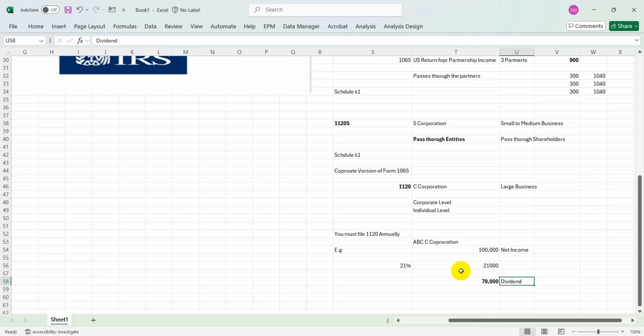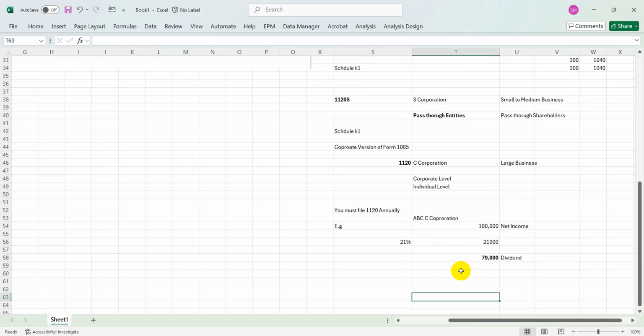This will be given to the individuals. Now, this again will be taxed at the individual level as well. For example, let's take 15 percent tax here. So now this multiplied by this will be the tax as well.